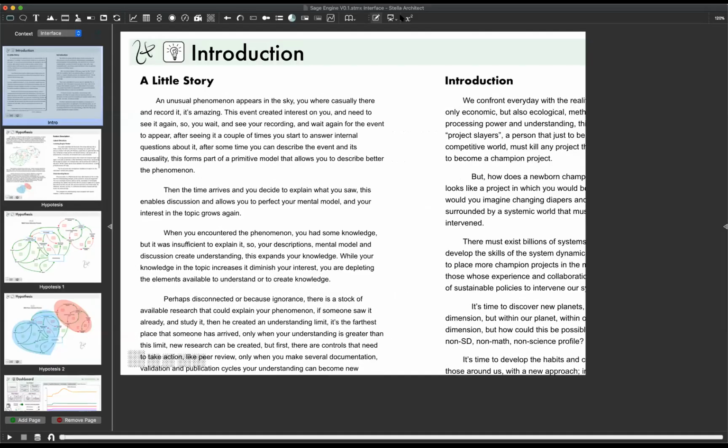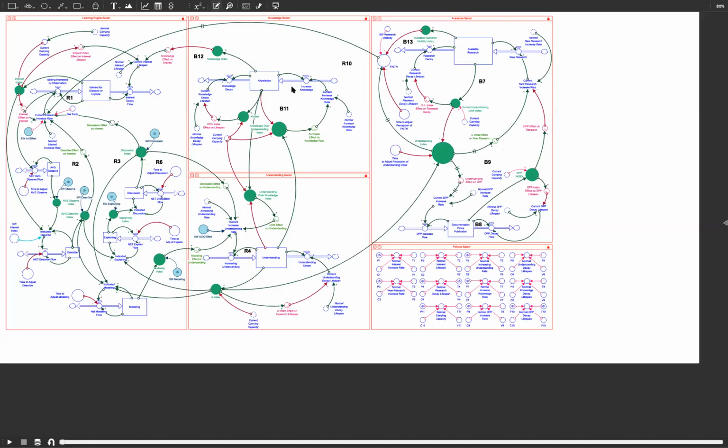I only wanted to show the main ones, knowledge and understanding, and available research, because those are the three that are fighting for resources.